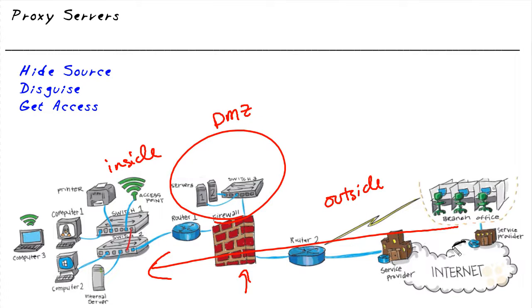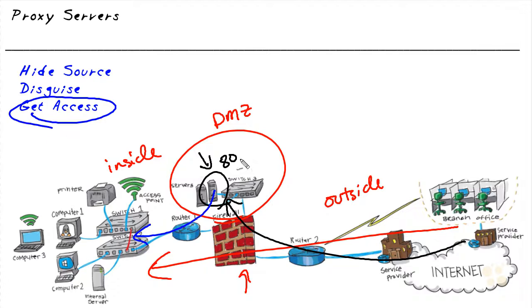Well, if the attacker can compromise a device on the DMZ, let's say that port 80 is allowed in for HTTP, with server 2 compromised, the attacker could install some proxy software on that server and have that server act as a proxy for further access into the network. So before the attack and the proxy was put in place, the attacker on the internet would not have access to the internal resources, but might after they install the proxy on a compromised DMZ device.